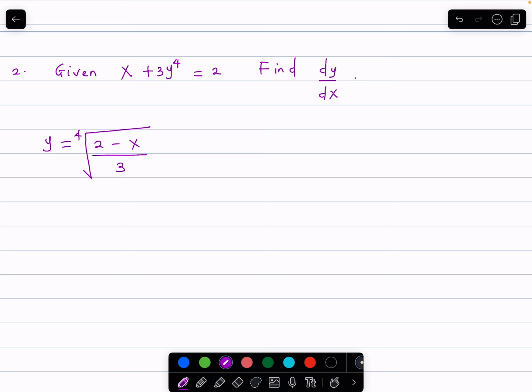Now imagine I need to take the derivative of this. If I want to take the derivative using the normal method, I have to do a couple of things. I have to use the chain rule, and most likely the quotient rule. You have to use all those rules.